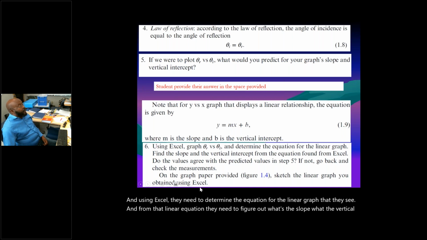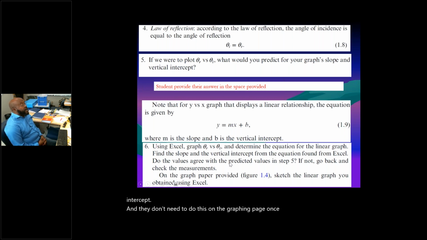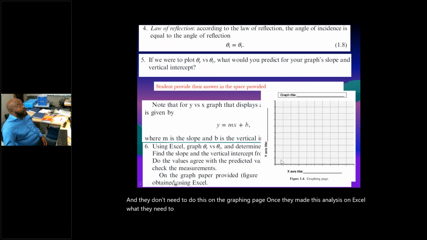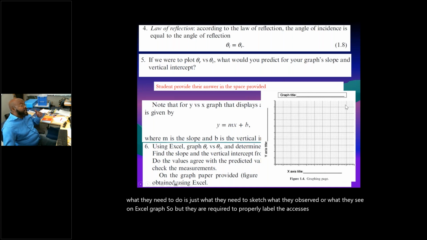And they don't need to do this on the graphing page. Once they made this analysis on Excel, they just need to sketch what they see on the Excel graph. But they are required to properly label the axes, and they need to have a title for their graph.